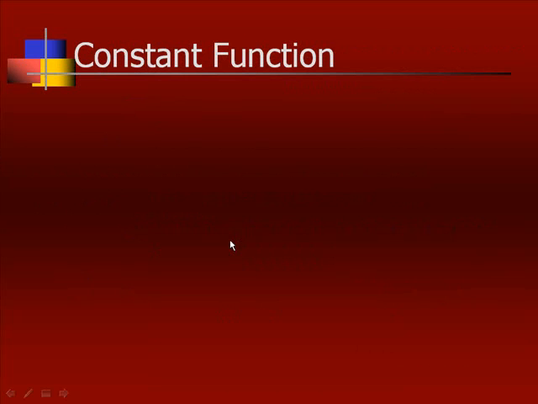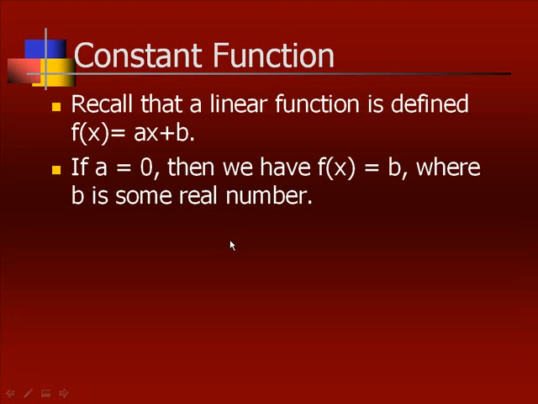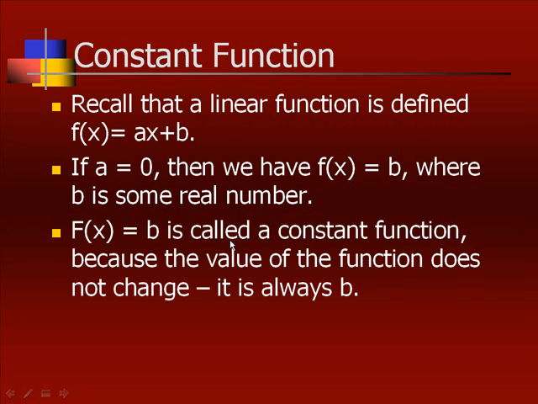Now, we've talked about a linear function. Let's talk about a constant function. Linear was f of x equals ax plus b. If a is 0, if the rate of change is 0, then we get f of x is equal to b, where b is just some real number. f of x equals b is called a constant function because the value of the function does not change.